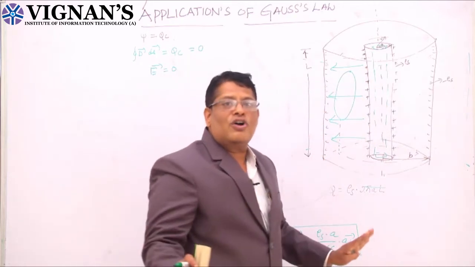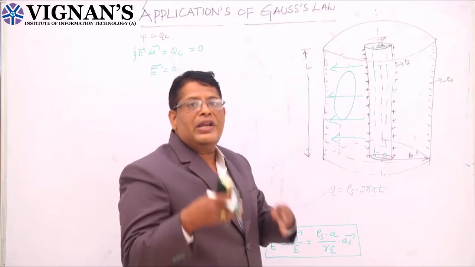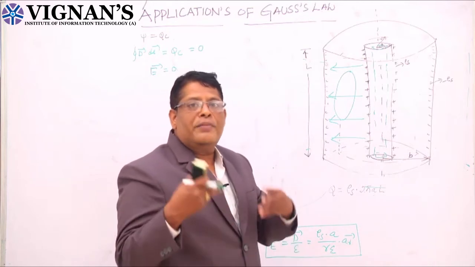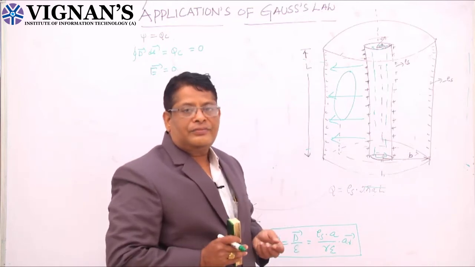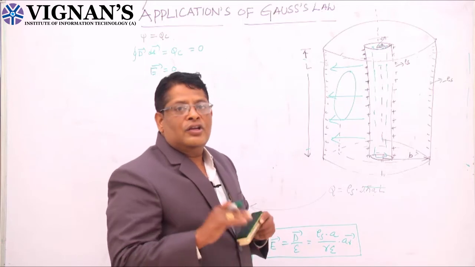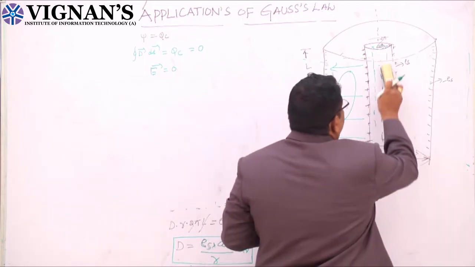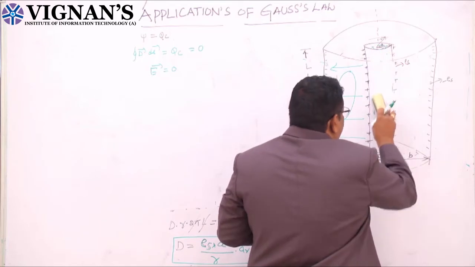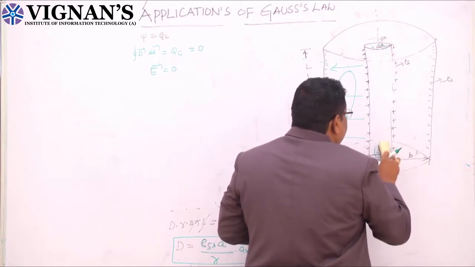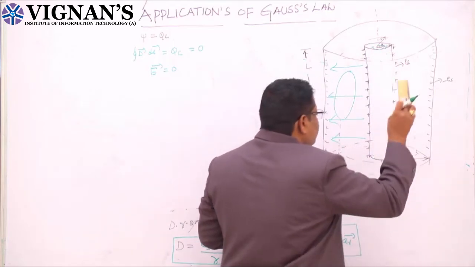If the flux is not there, there is no meaning for the flux density or the electric field intensity. So outside of the cylinder as well as inside of the cylinder, the electric field intensity is 0.